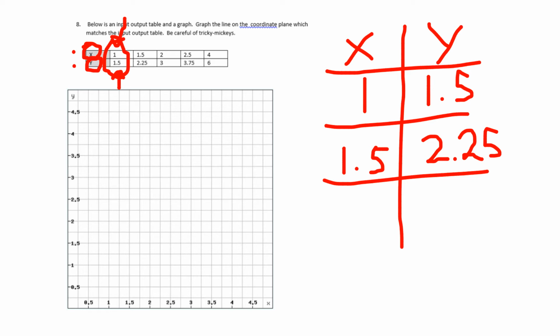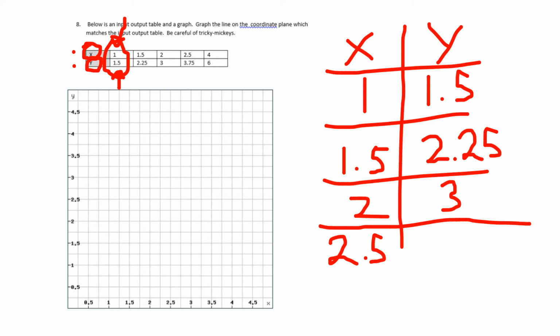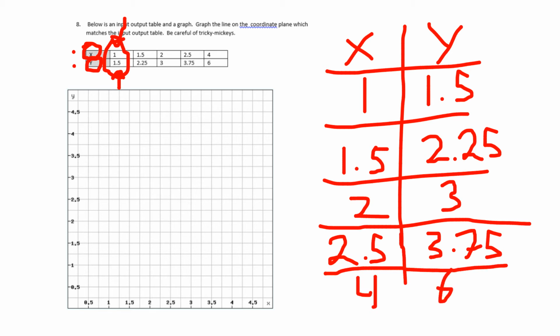Awesome. Hopefully you were able to figure out that the next one is going to be 2 and 3. The next one after that is 2.5, 3.75, and then the last one is 4 and 6. So those are the points that we have to plot.